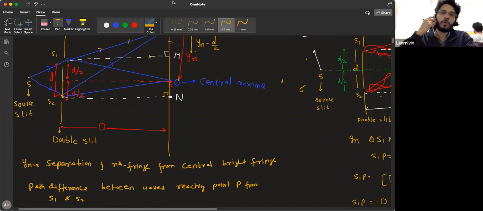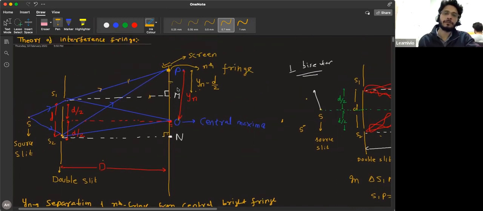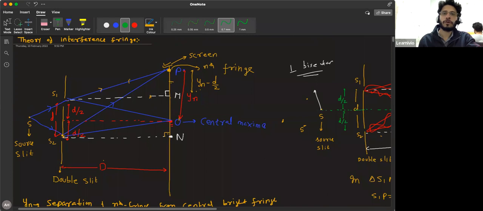Capital D. And what is the value of this PN here? This one. Not Yn, Yn is up to O only. I'm asking about PN. It is Yn plus d by 2. So this PN is Yn plus d by 2.